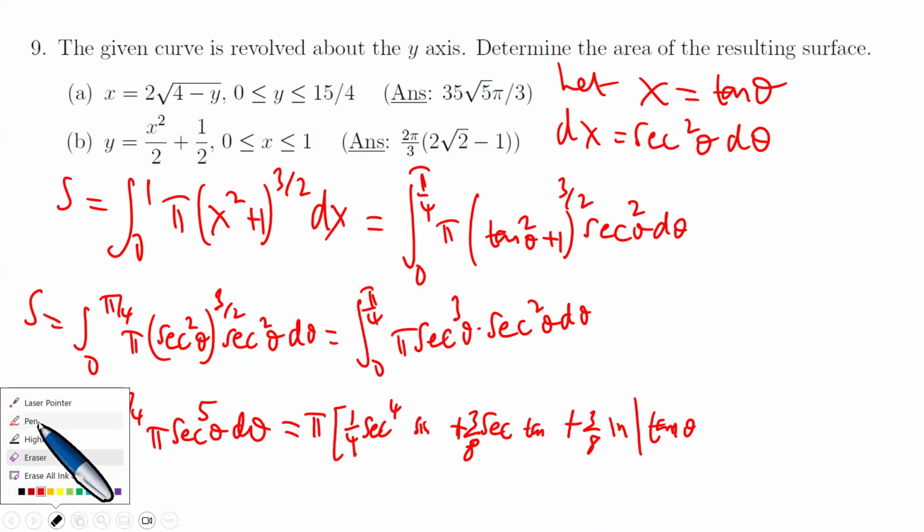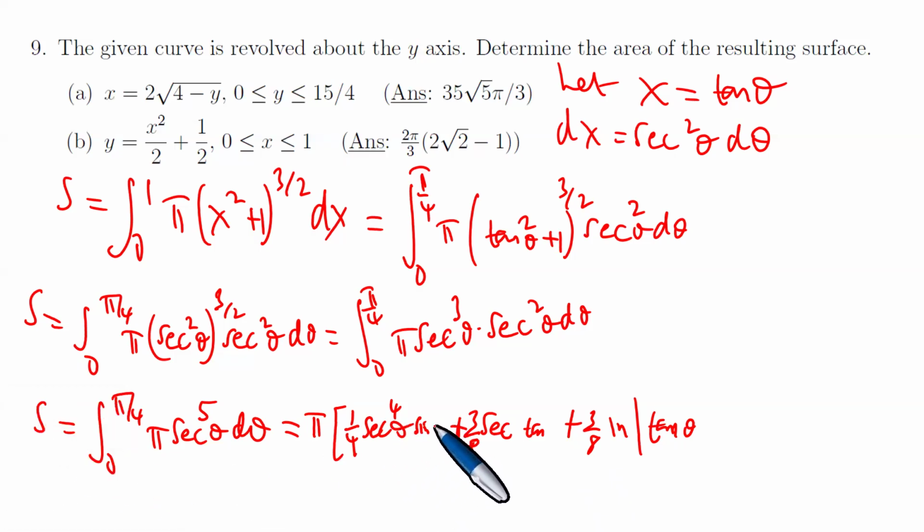So it's sec to the power 4 of theta, and then it is sine theta, and then plus 3 over 8 sec theta tan theta. You integrate from 0 to pi over 4.